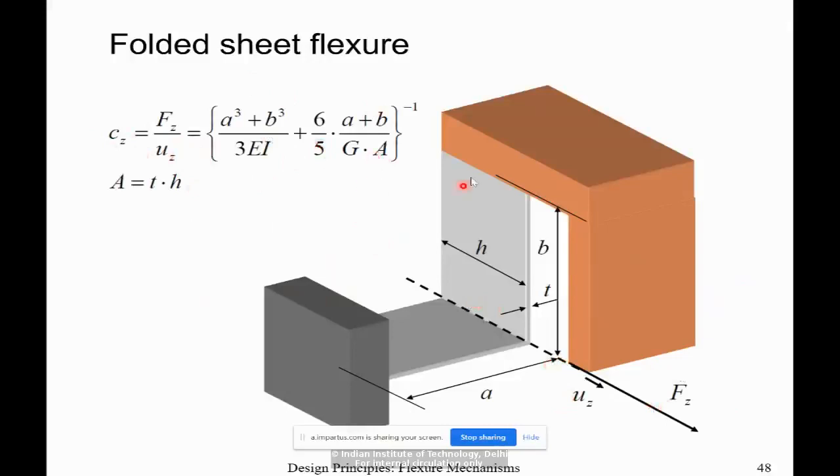Shear you can consider because it's like a short beam, so it may come into the picture. They are more or less in parallel, so you use it. Here A is the area of cross section, t times h, the width, and t is the thickness. a and b are the lengths of the folds, right?